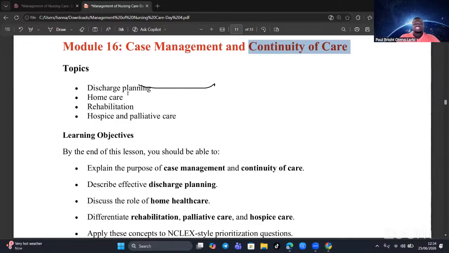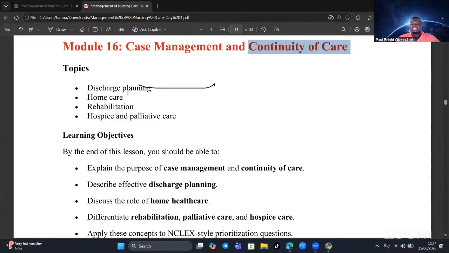We are going to look at discharge planning, because they will start the discharge planning. The patient is well, but he still needs nursing care. Should we take the patient to a home care home, rehab, hospice, or what? Or palliative, depending on the condition of the patient.